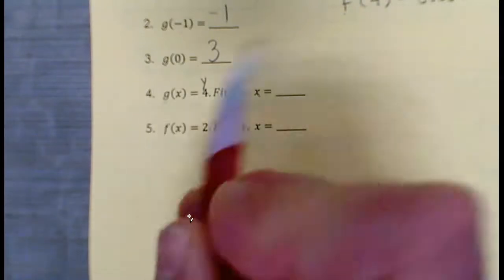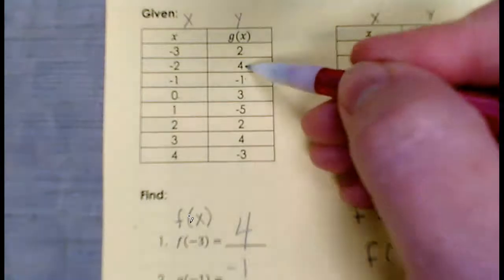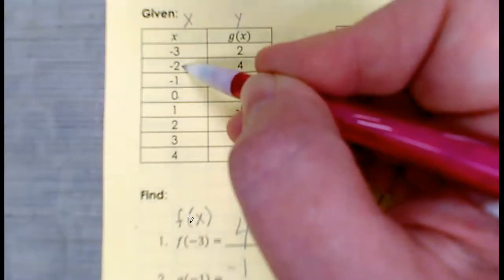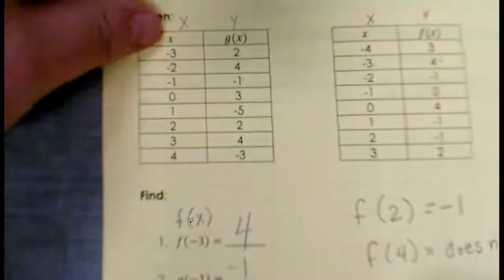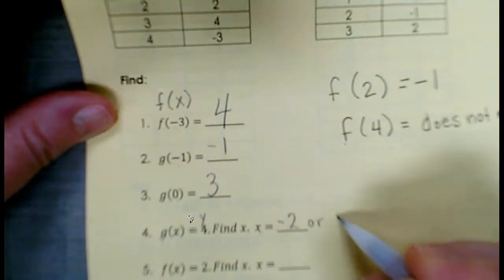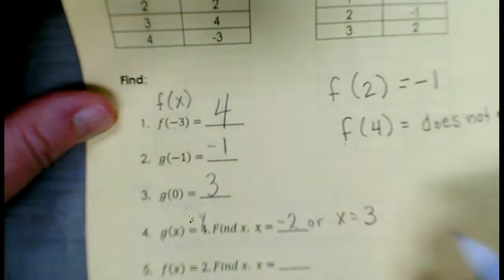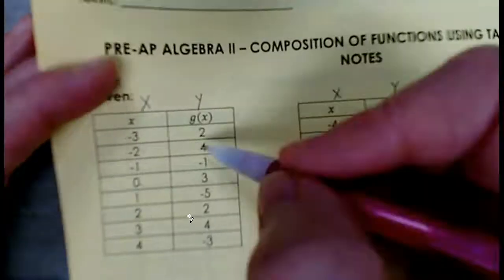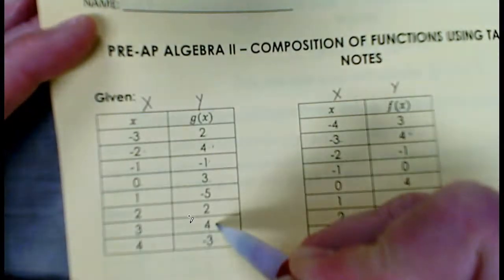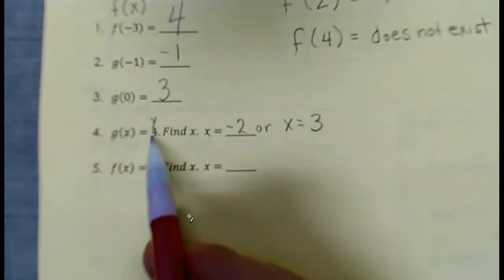Actually, there's 2 answers. There's a y value of 4 here and a y value of 4 here. So there's 2 x values that go with that y value.